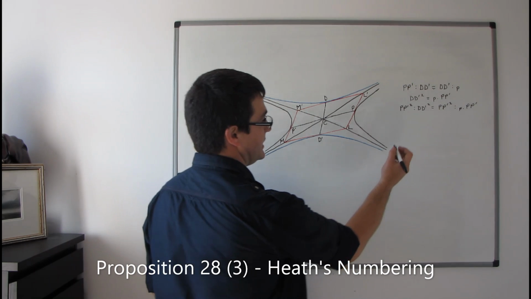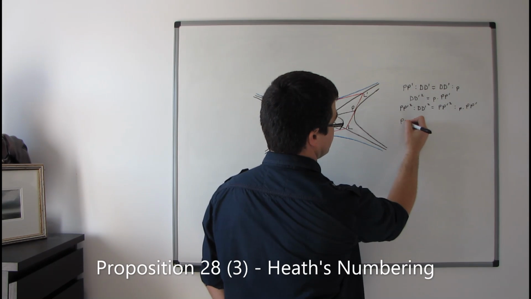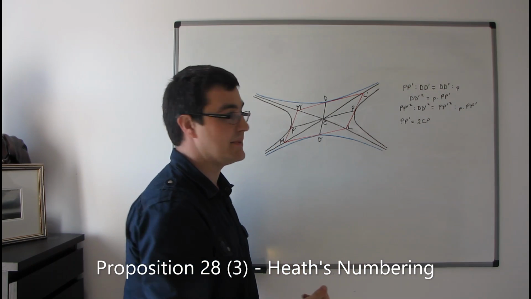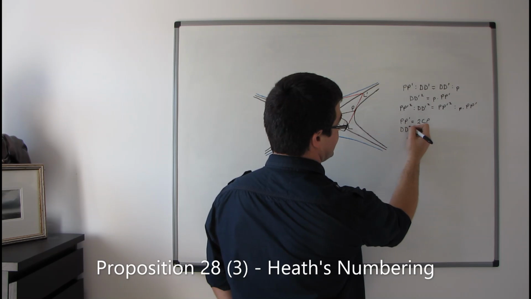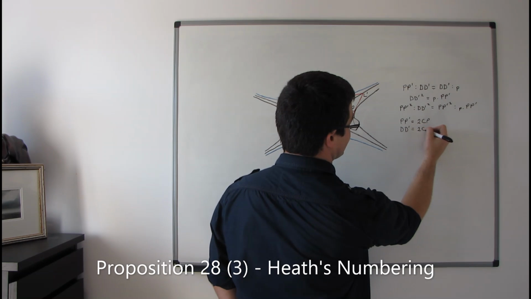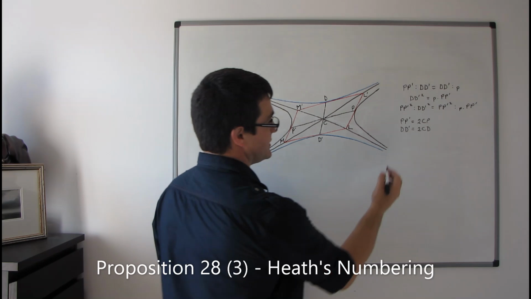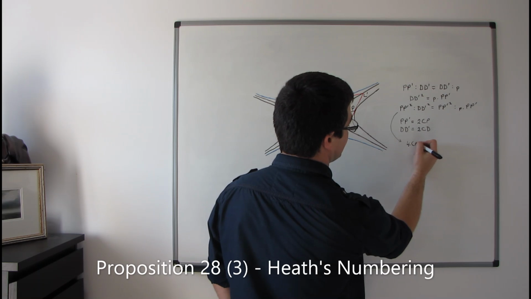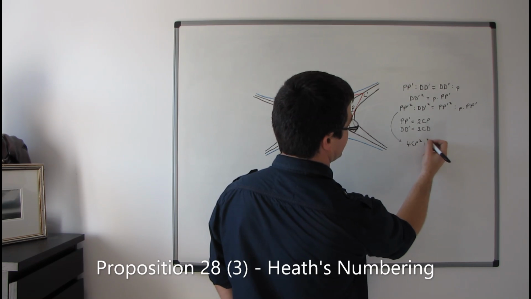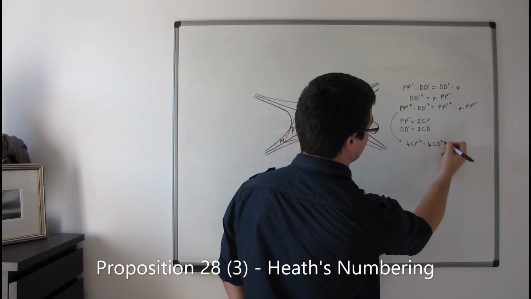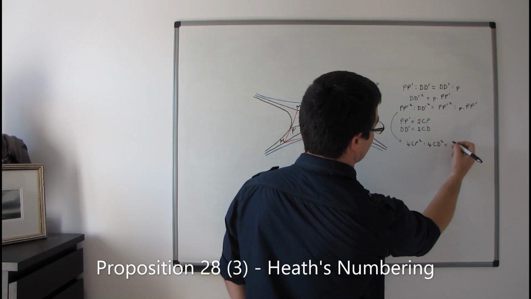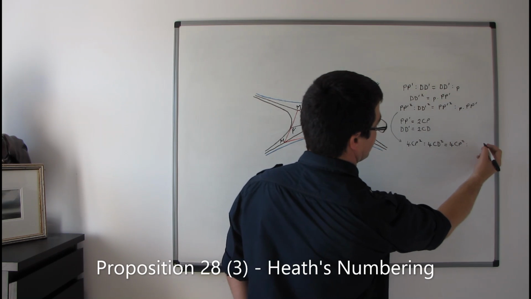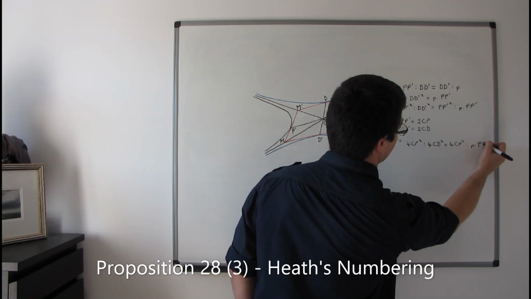Okay, now P primed is equal to 2CP, where C is the midpoint of PP primed, and similarly DD primed is equal to 2CD. So what we get from here then is that 4CP squared to 4CD squared is equal to 4CP squared to P times P primed.